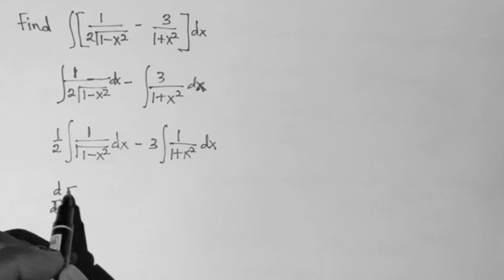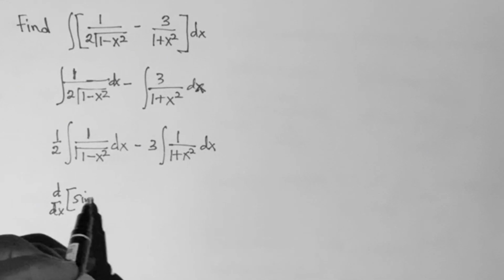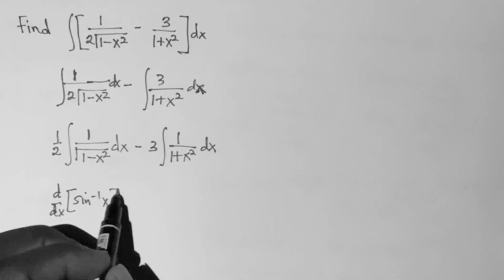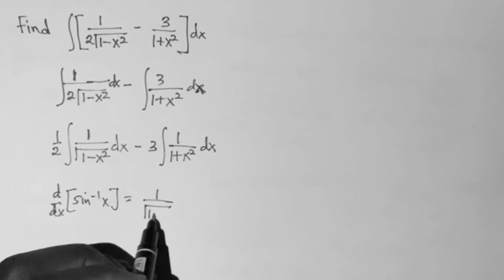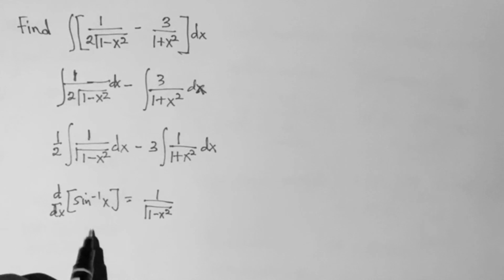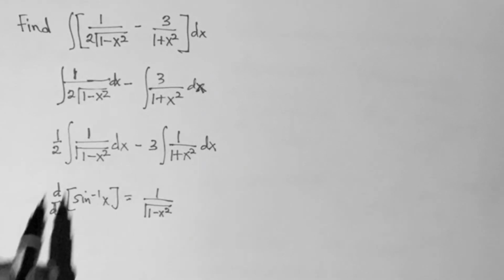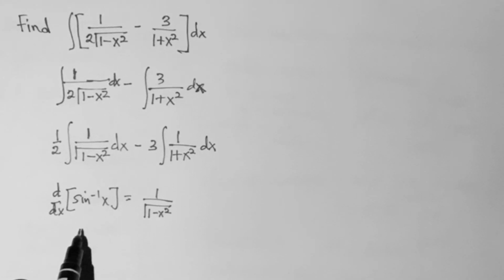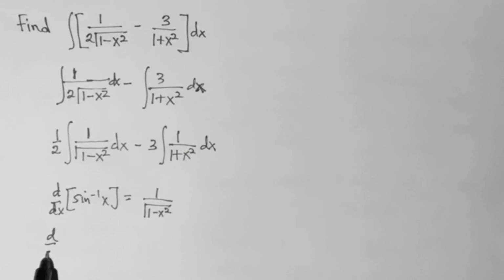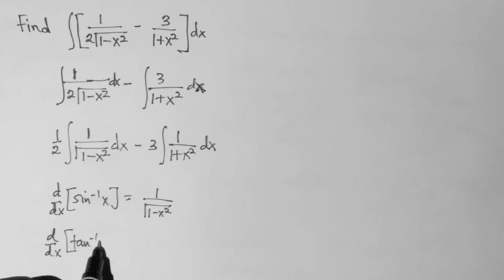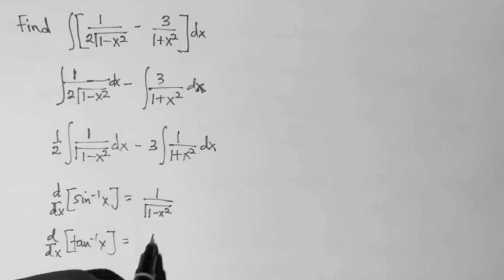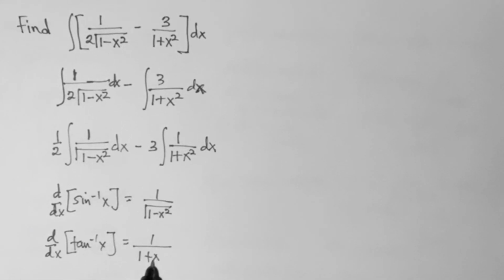Now, what is the differentiation? If we differentiate sine inverse of x, what do we get? We get 1 divided by square root of 1 minus x squared. So you see that this one is sine inverse of x. And if you differentiate tan inverse of x, it's equal to 1 divided by 1 plus x squared.